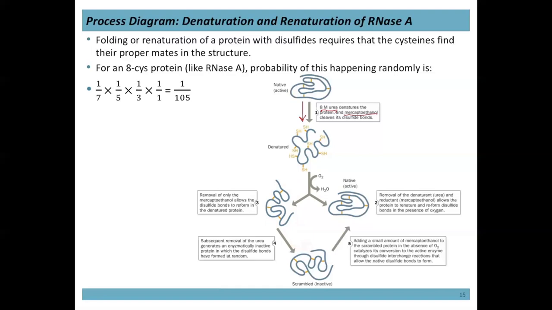And then he threw in a minute amount of mercaptoethanol, and he allowed those disulfide bonds to be cleaved open and then reformed. So not enough to cleave them completely, just enough to cleave some of them, and allowed essentially all those disulfides to scramble till they found their ideal partner, and then he again recovered 100%.